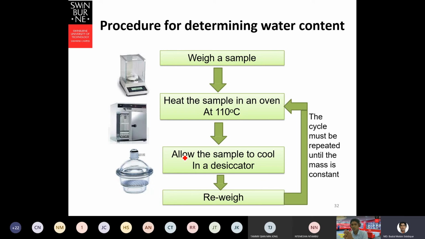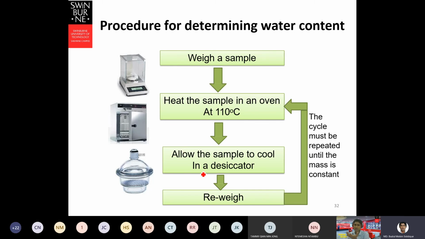After it becomes cold, we weigh it. And then we do the process a few times till we get a constant weight, right? This step will be done many times, like 4 or 5 times. Every time we bring the sample out from the furnace oven and keep it in the desiccator, we check whether the weight changes from the previous step.